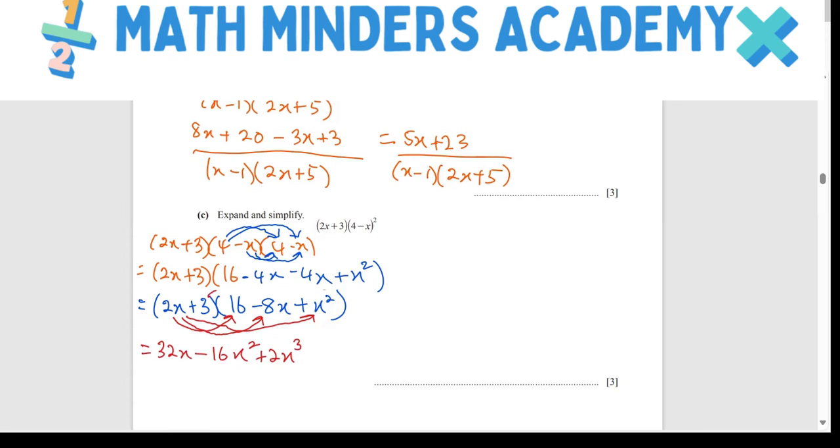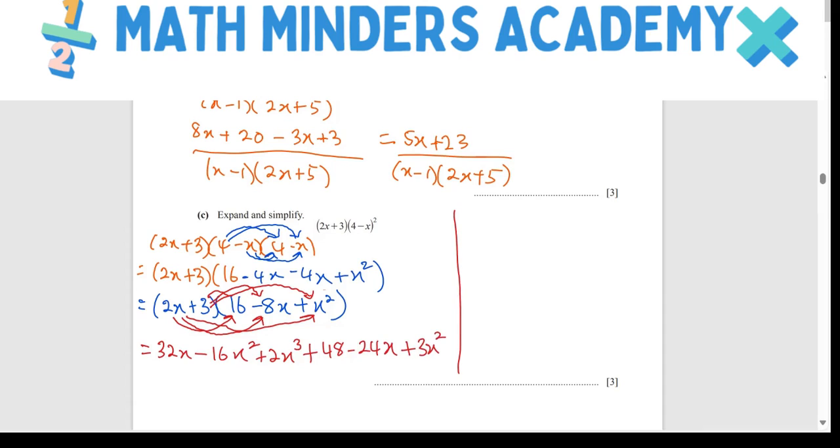I'm going to use 3 to multiply 16. That will give us 48. Use 3 to multiply minus 8x. That will give us minus 24x. Use 3 again to multiply x squared. That will give us plus 3x squared, okay?